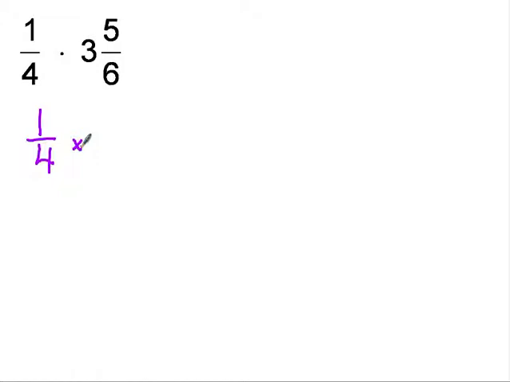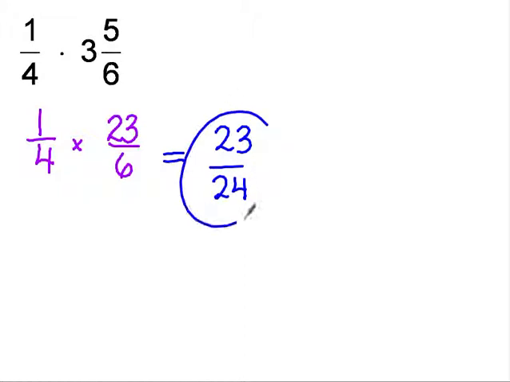So 6 times 3 plus 5 is 23 over 6. So now I'm looking along the diagonals. Can I cancel anything between the 1 and the 6? 4 and the 23? Nope. So 1 times 23 over 6 times 4. There you go. Okay, pretty straightforward.